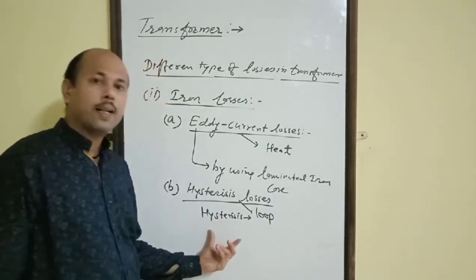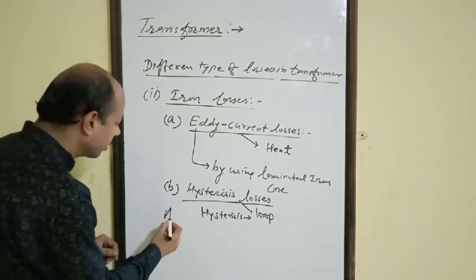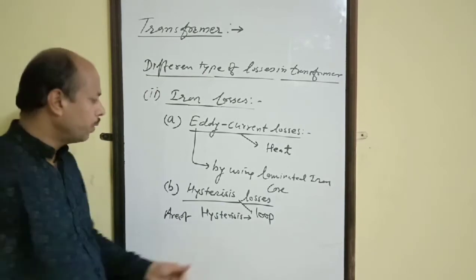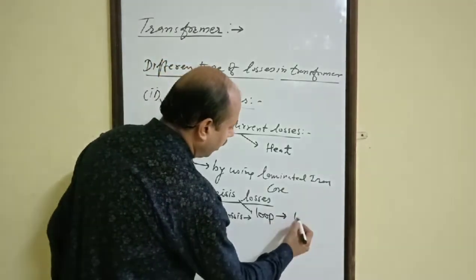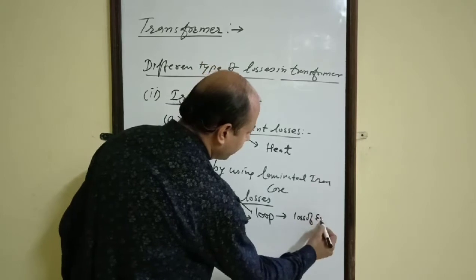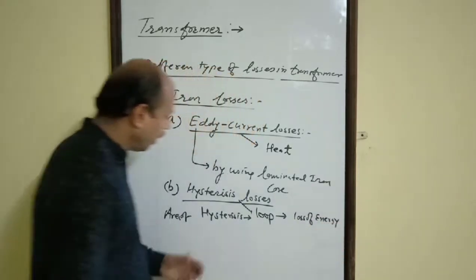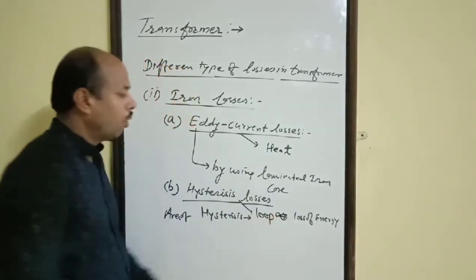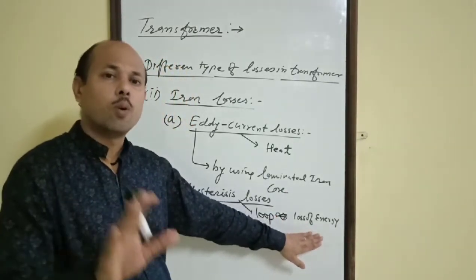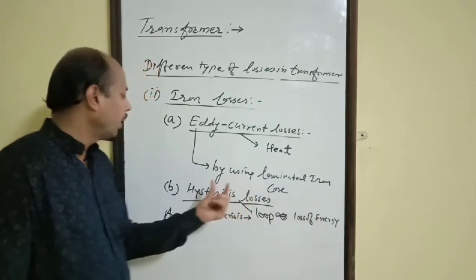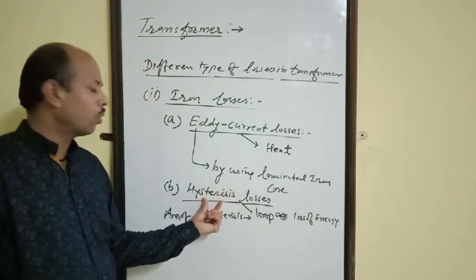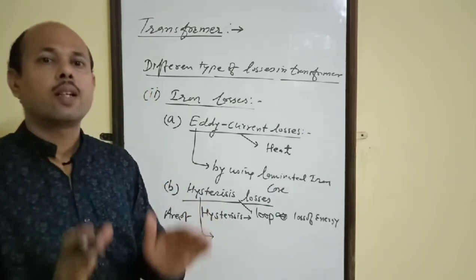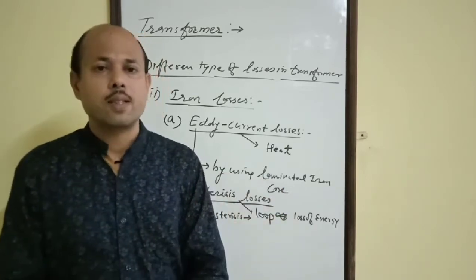It is observed that the area of the hysteresis loop is directly proportional to the loss of energy in the form of heat. Therefore, to minimize hysteresis loss, we use a substance which has a narrow area of hysteresis loop.